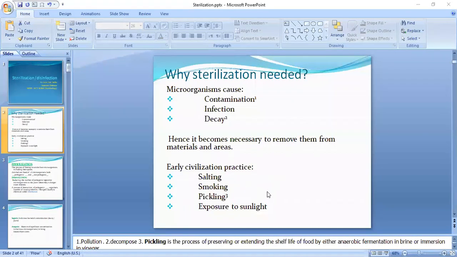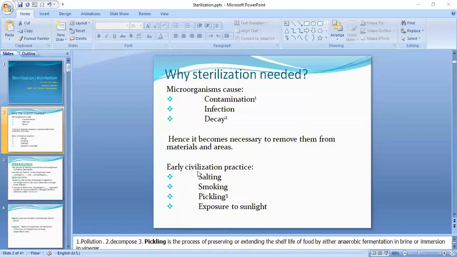In the olden days, these procedures were used to avert the bacteria, infections, contamination or decay: salting, smoking, pickling, and exposure to the sunlight.